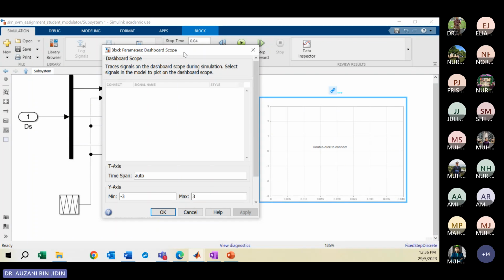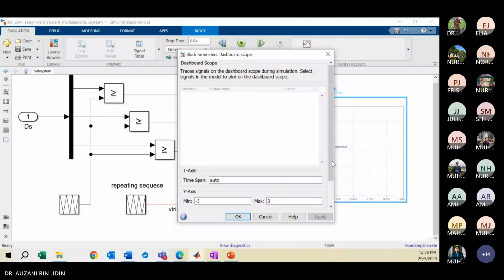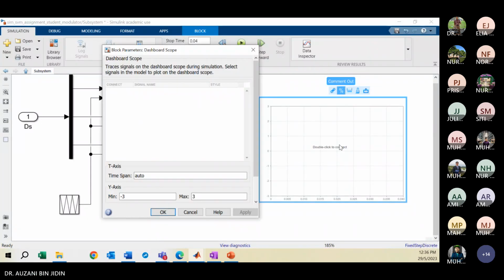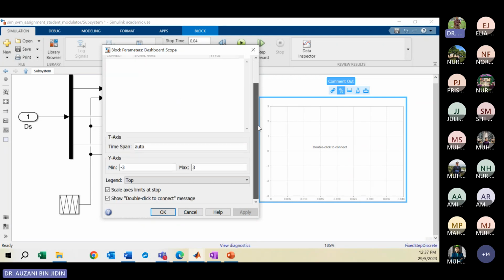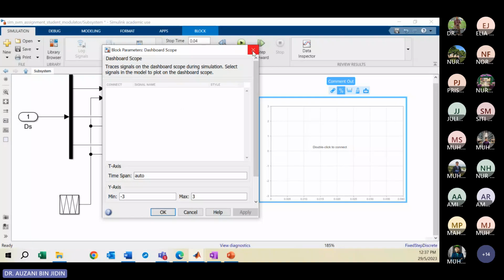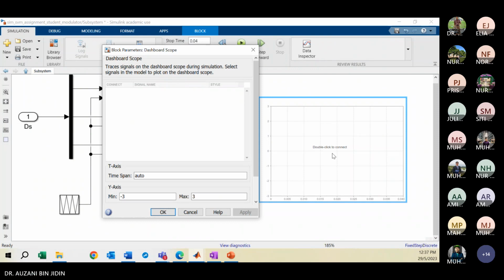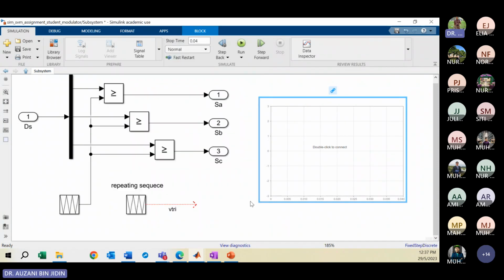It does not show up. Why should the list of all the signals be here? Why is it not showing? Or maybe you can use the scope.